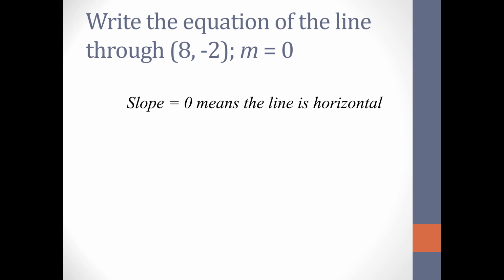We go down 2 spaces on the y, put a dot there is what I would do, and then draw a perfectly horizontal line across, which means it's automatically going to hit 8. It's going to hit all the numbers, so it's infinite in both directions. It's the quick and easy way to take care of that problem.